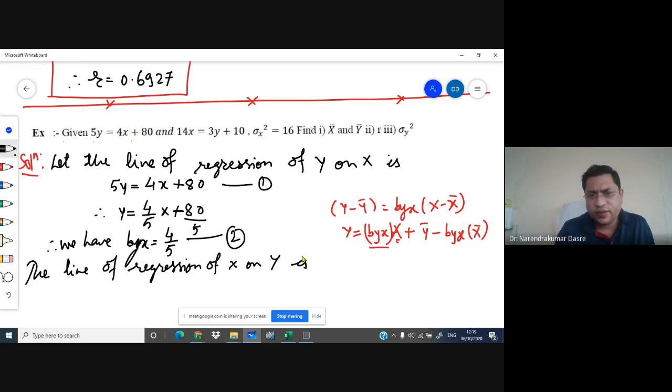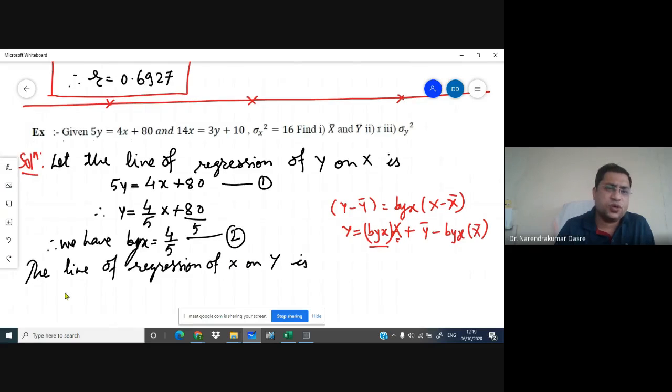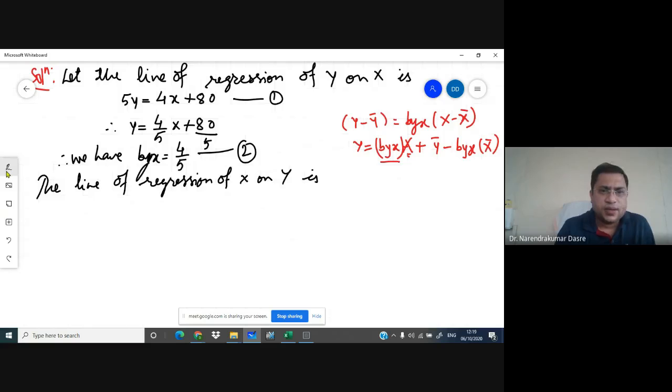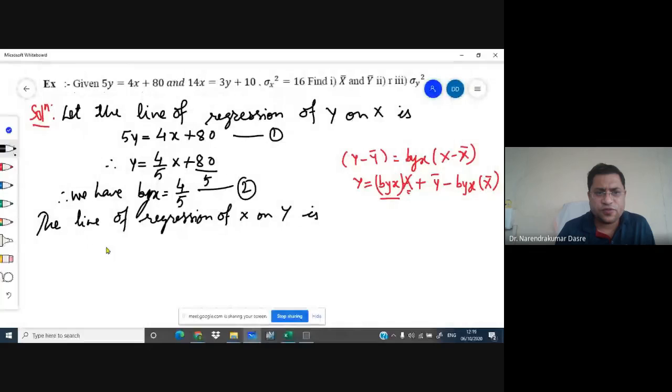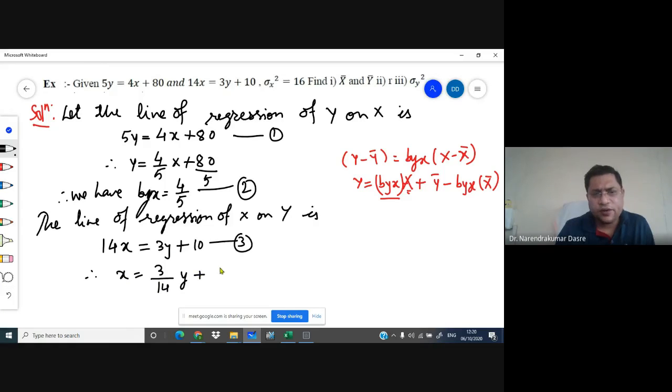So what is given here: 40x is equal to 3y plus 10. This is equation 3. And now I can write this as x is equal to 3 by 14 y plus 10 by 14.